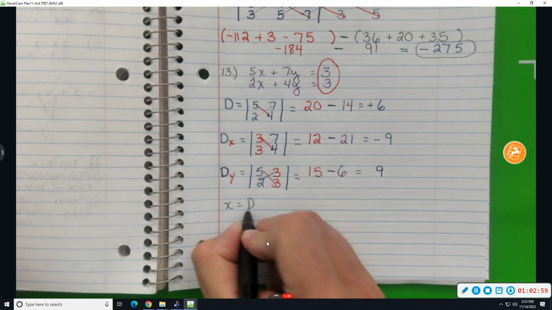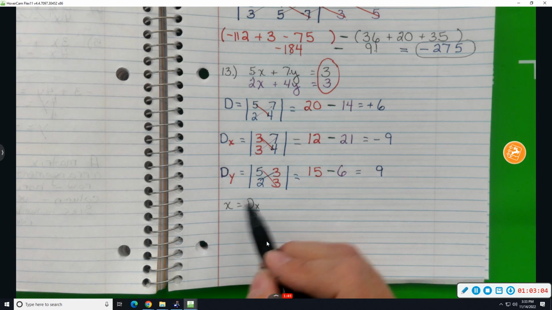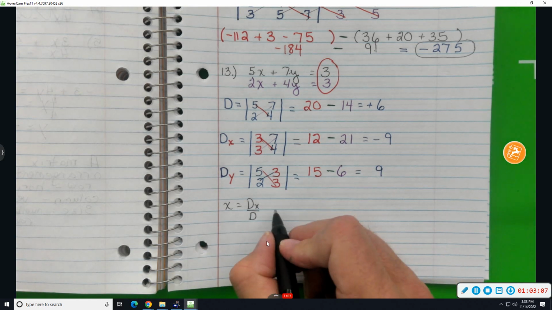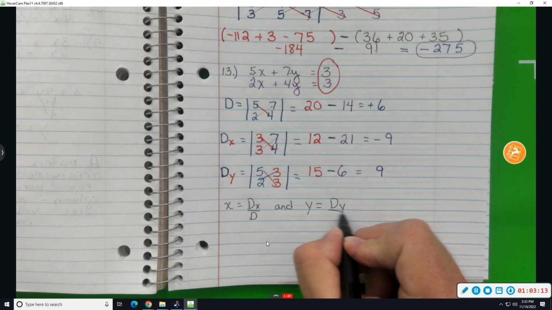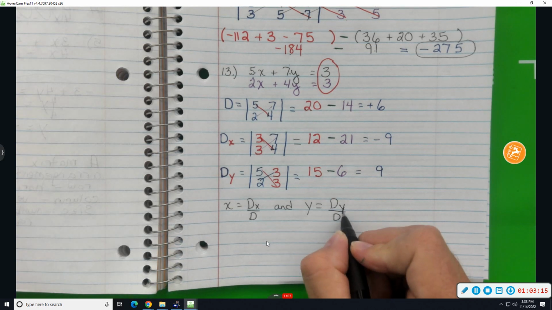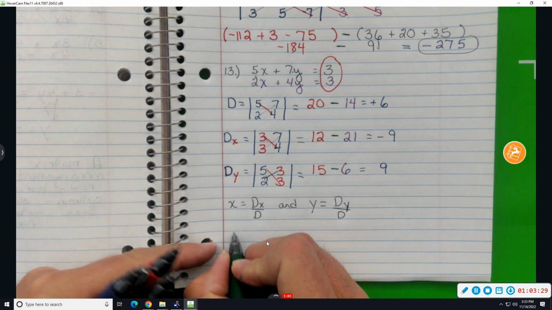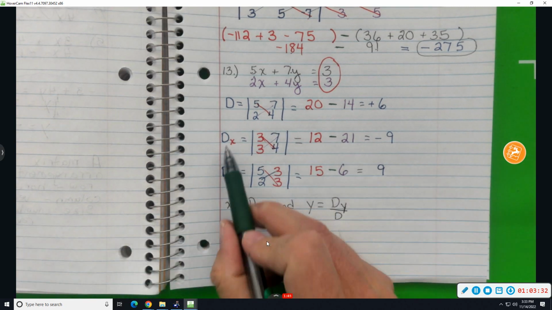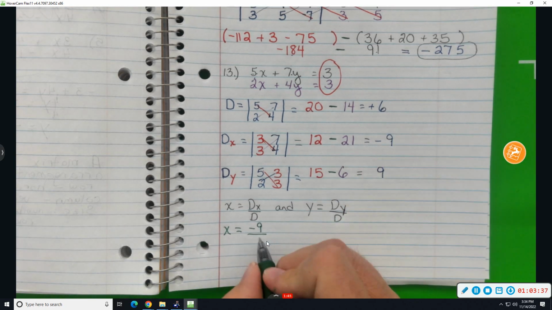And now here's what Cramer was able to prove and what he's remembered for. If someone said state Cramer's rule, here it is: X equals D subscript X over D, and Y equals D subscript Y over D. Could y'all now write out the solutions for x equals and y equals? X, dx was negative 9 over d, 6.